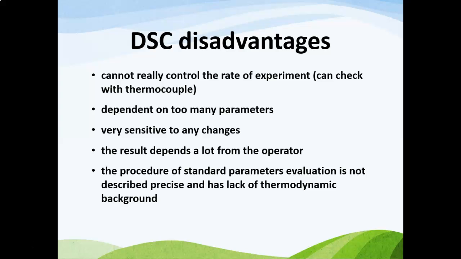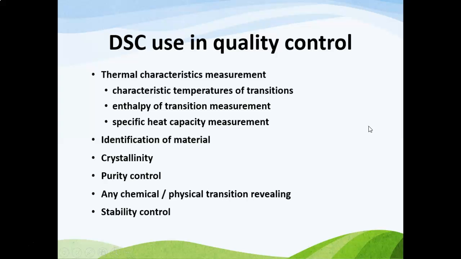If your operator is highly skilled, it is an advantage for you to interpret the result, because it depends on that skill. The procedure of standard parameter evaluation is not described precisely and has a lack of thermodynamic background. If your machine is not calibrated, it will affect the result as well.